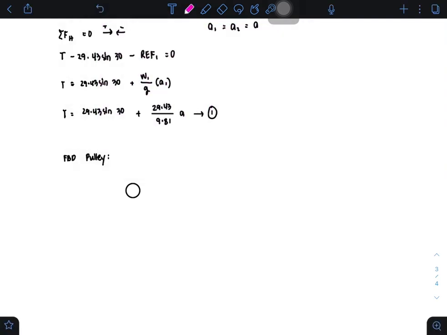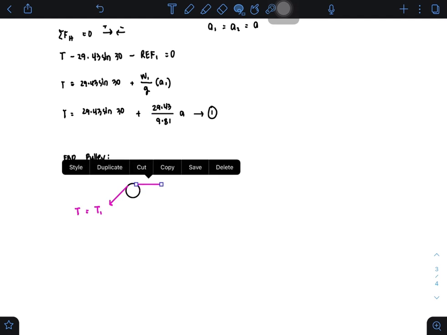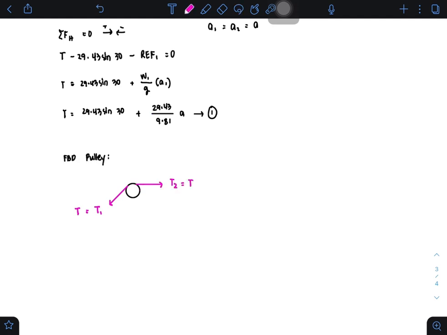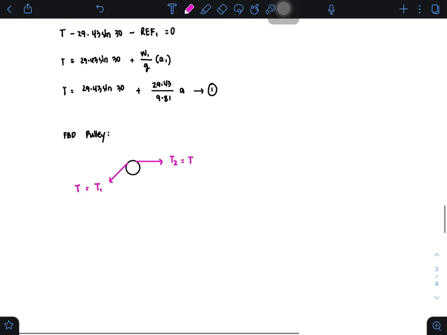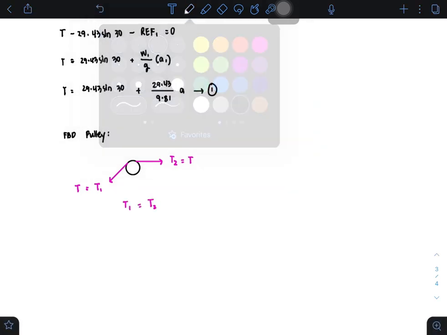Let me emphasize: this is the tension on the left side, which is T1, and that's equal to T. And this is the tension on the right side, T2, which is also equal to T. So again, they're both equal. T1 and T2 are the same because this is frictionless.